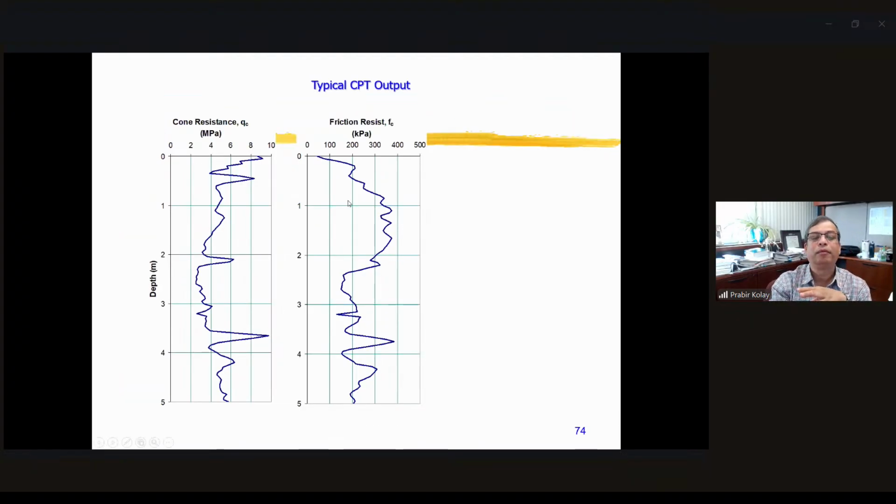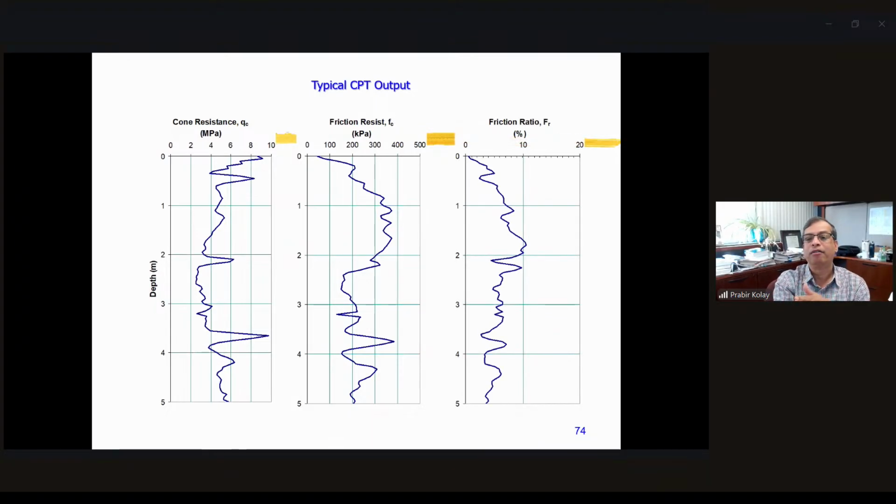Again, most of the time you will get these two, and with the depth, how much is the cone resistance, how much is the skin friction. So easily you can find out these two data, and you have an idea what type of soil is below the ground. It's a very quick test, and easily you can determine. No need to take out the soil sample, and then analyze it and then find out.